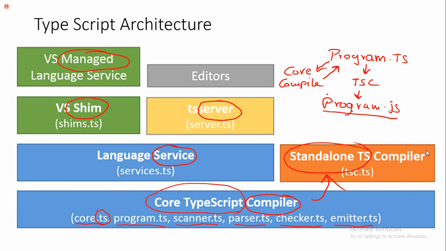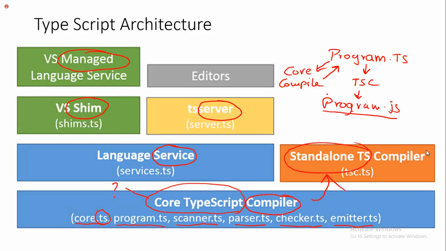Language service means, as I told you, the TypeScript core compiler is going to verify whether my syntaxes are correct, keywords are correct, the blocks are correct or not. Now the point is, from where is it going to verify?